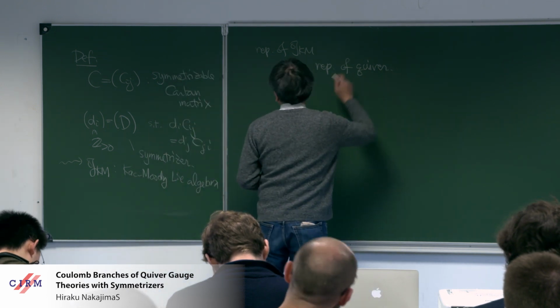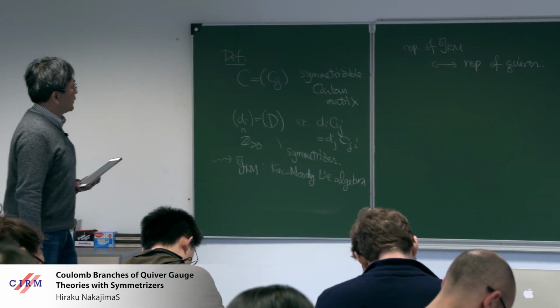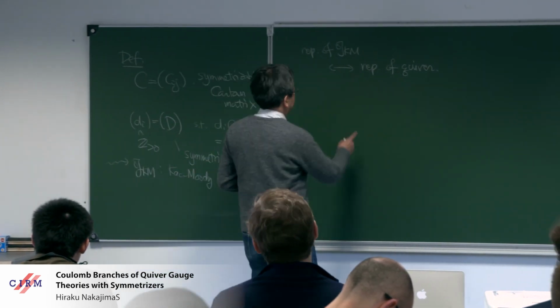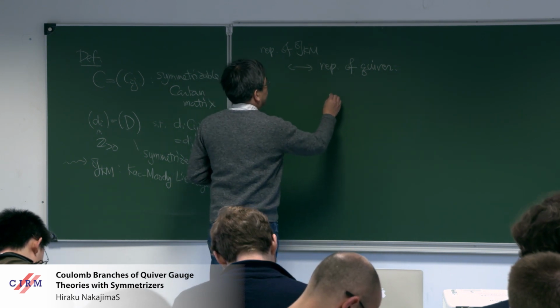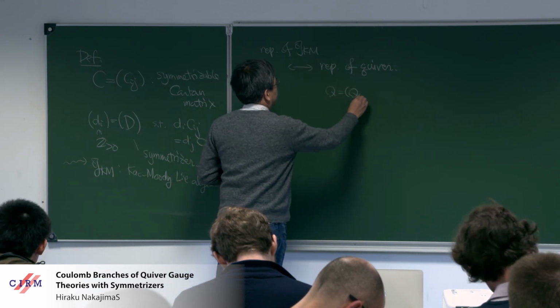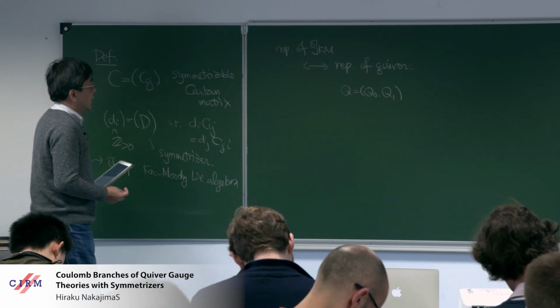So the relation is that you take a quiver, Q0 and Q1, where Q0 is the set of vertices and Q1 is the set of arrows.